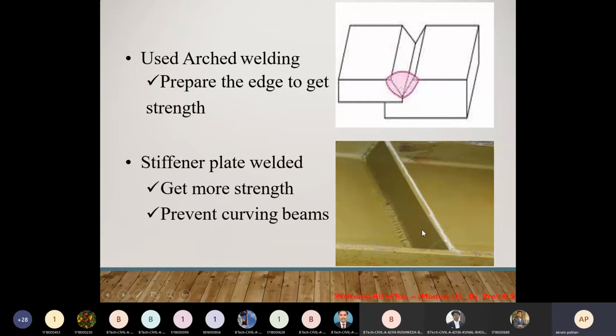So if you want to connect two members with each other, then there are the welding process, the bolting process, and the riveting process.